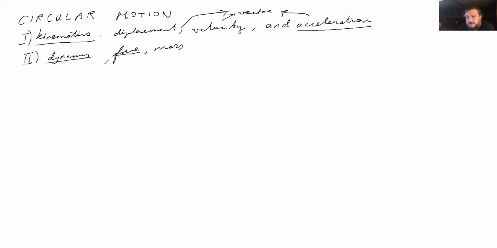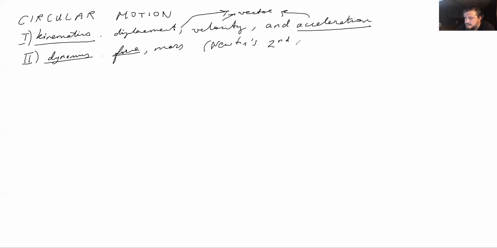All right, so you already know what to do in the case of linear motion. We already know these things: displacement, velocity, and acceleration, and force and mass through Newton's laws, especially the second and the third laws.